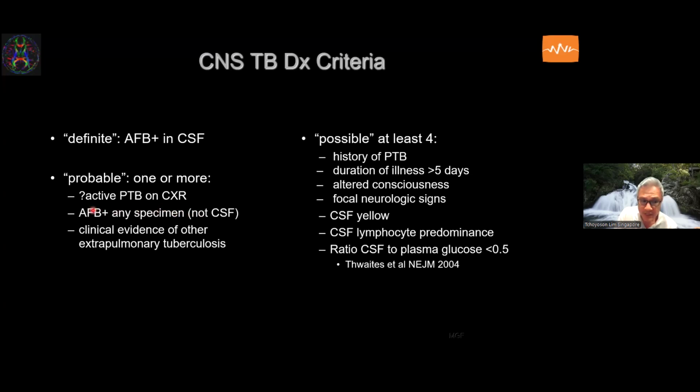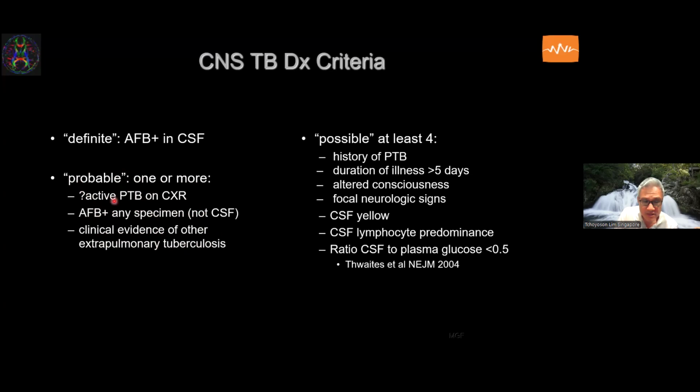So if we have sputum, urine, or blood acid-fast bacillus, it adds to the probable diagnosis, and of course, clinical evidence of other extrapulmonary TB, such as intestinal or spinal TB.